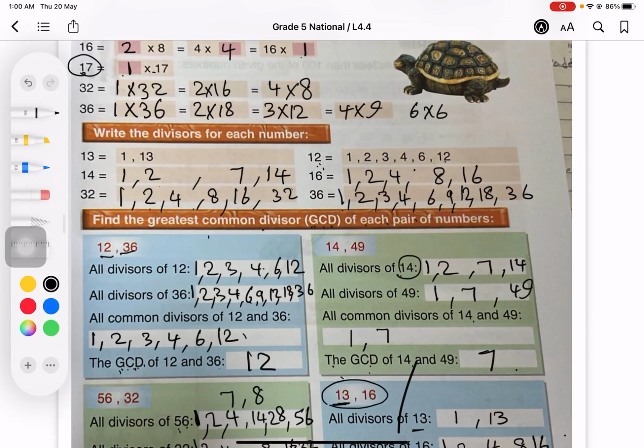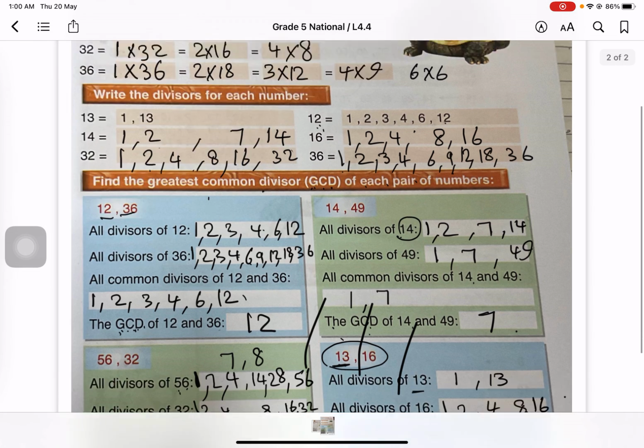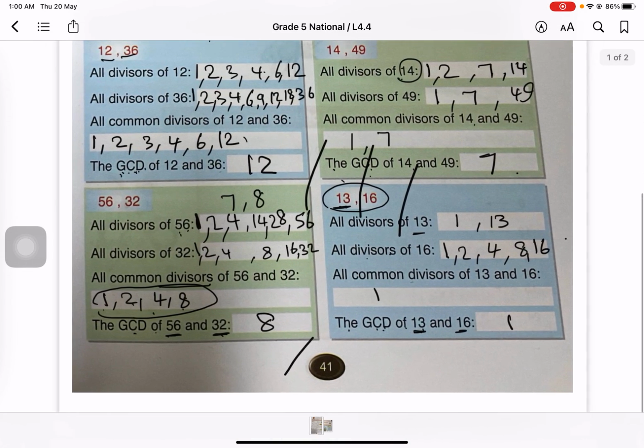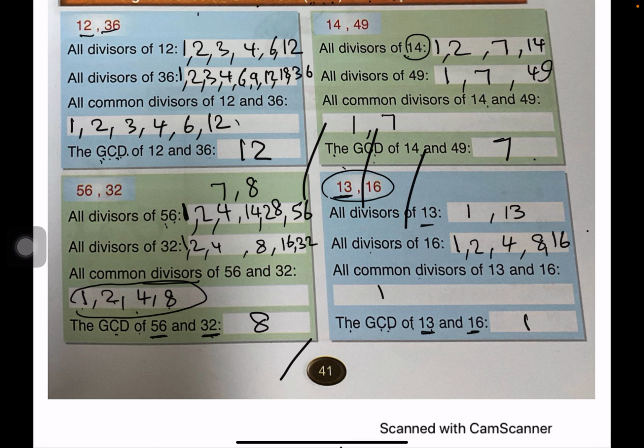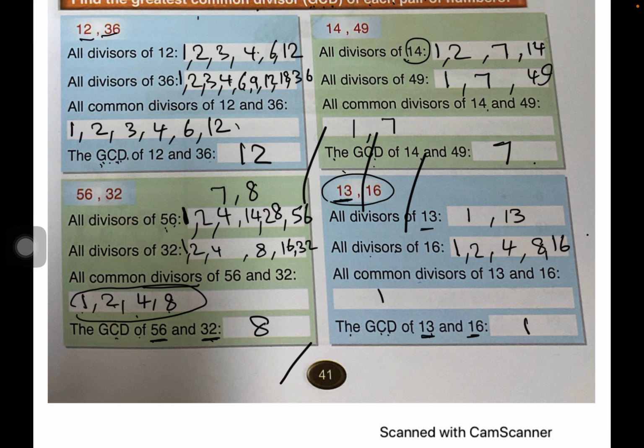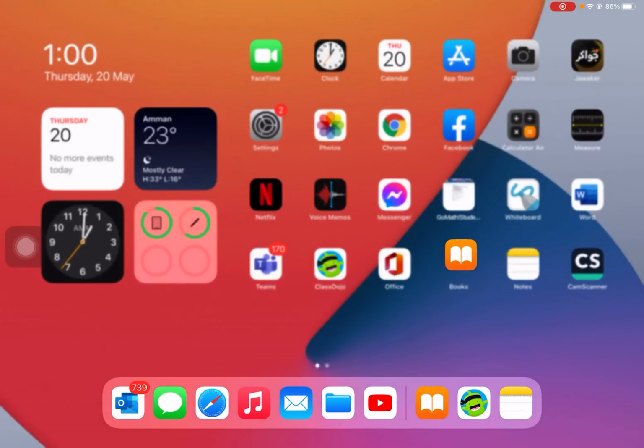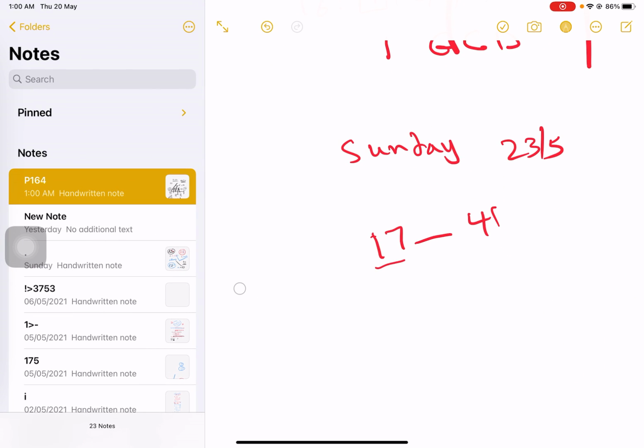This is the last page for the exam. It will be page 41. So the exam will be from page 17 to page 41, Sunday 23 May.